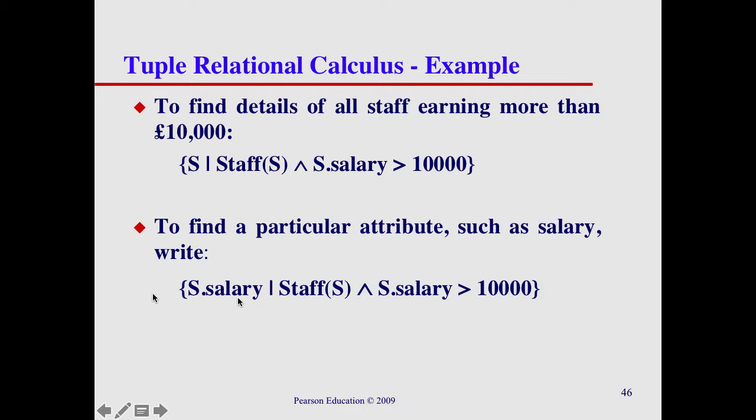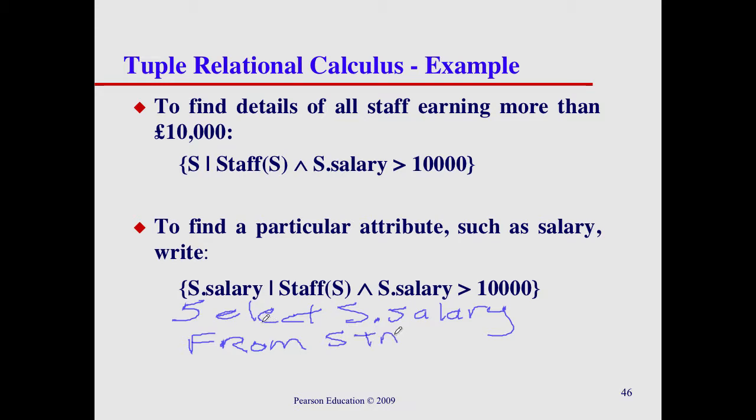Okay? Now, how does this map to an SQL query? Let's just take again a quick look. If I was doing this as a query, it would be select S dot salary from staff S where S dot salary is greater than 10,000.